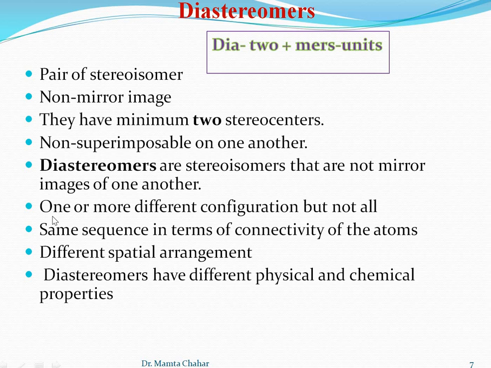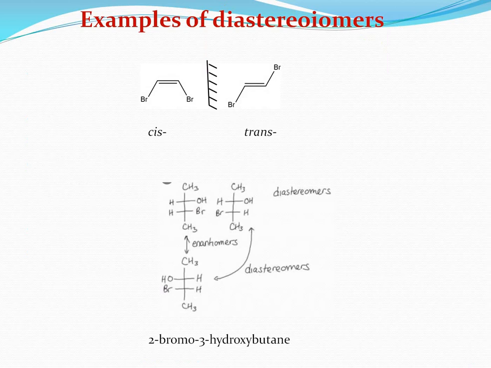These have one or more different configurations on the carbons, but not on all chiral carbons. They have the same connectivity of atoms and differ in the spatial arrangement. Diastereomers have different physical and chemical properties.